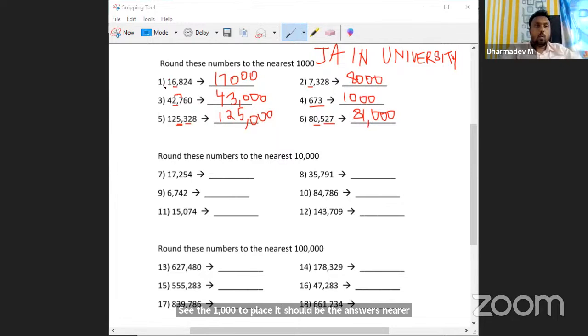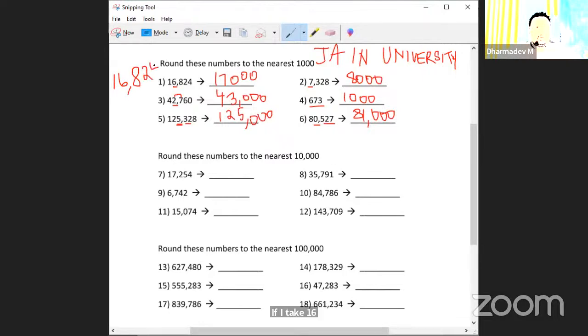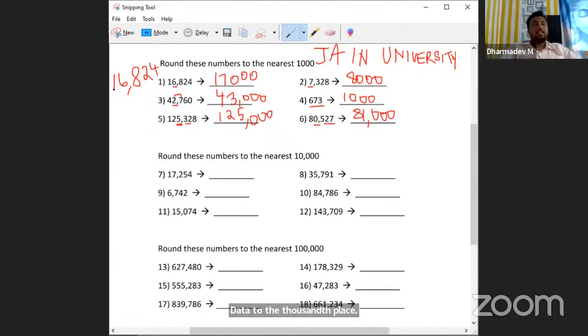So now 16,824. What is the number in the 1000th place? If I take 16,824, what's the number nearer to the 1000th place? I'll tell you. In this question, 16,824, which number is there in the 1000th place?